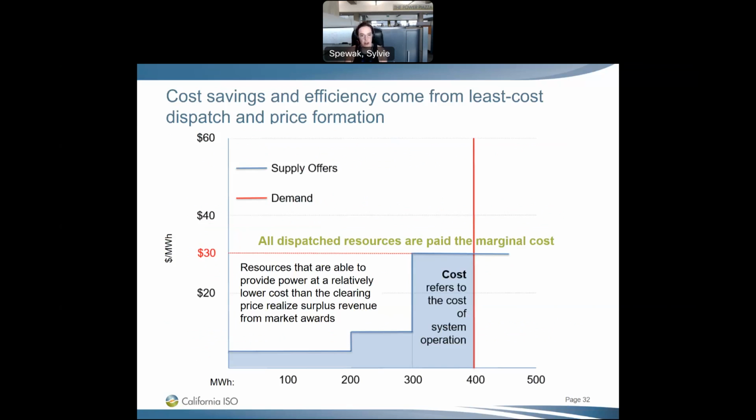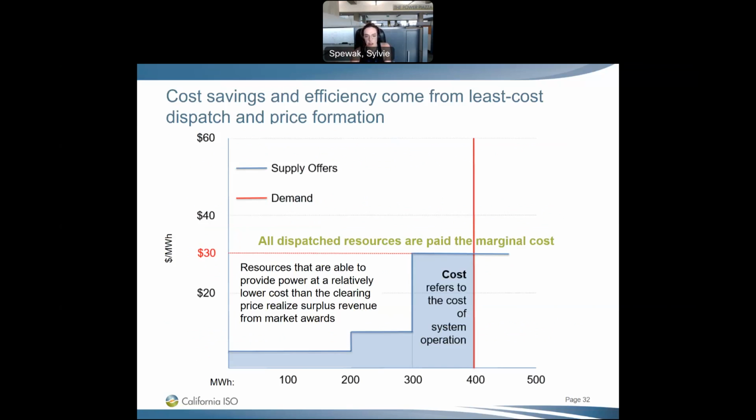So I've illustrated some of these terms here. $30 per megawatt hour on this image is the market clearing price. That's the red dotted line. And that's the LMP, basically, for this market. This is the LMP that all of the resources in the supply stack on this screen respond to.